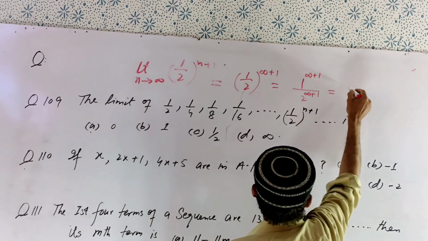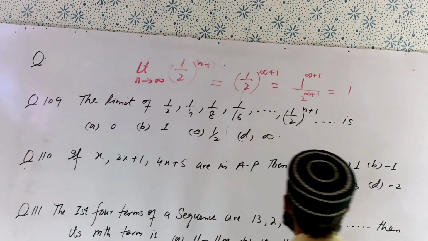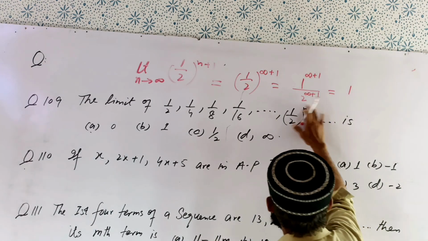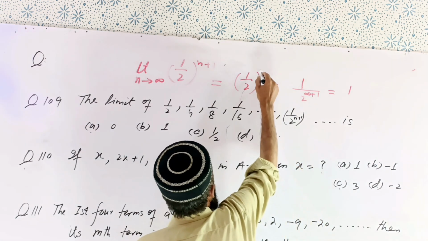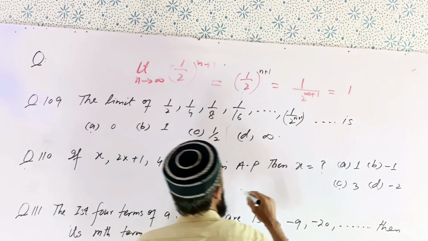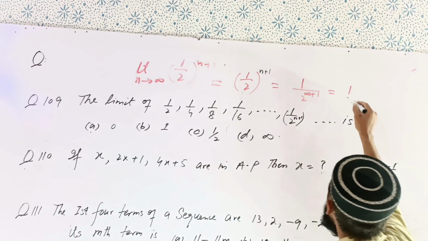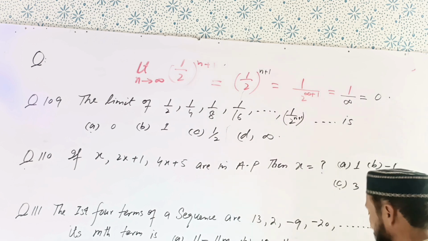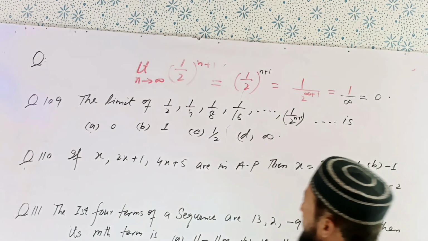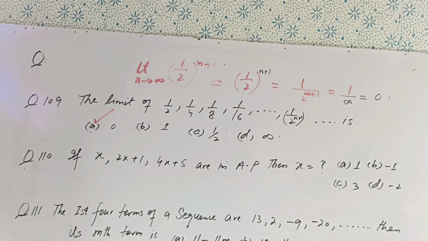So we are applying this to 2n plus 1. This term will be equal to n plus 1, and the same way I apply 1 by 2, so we get 1 divided by infinity, which is equal to 0. So the correct answer is 0.